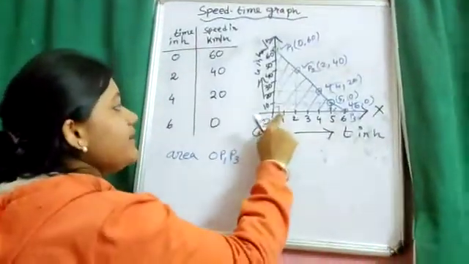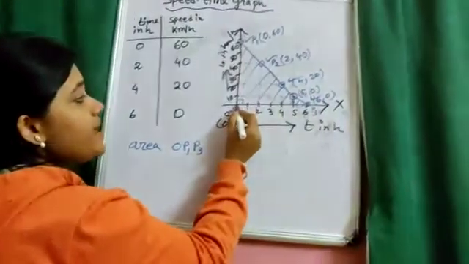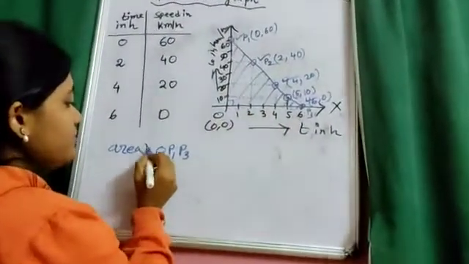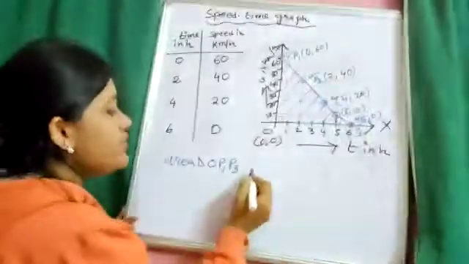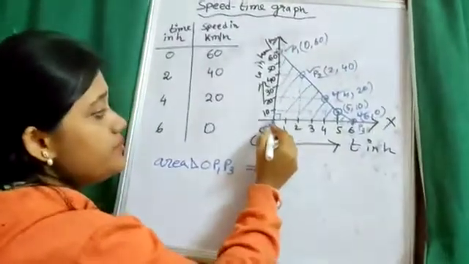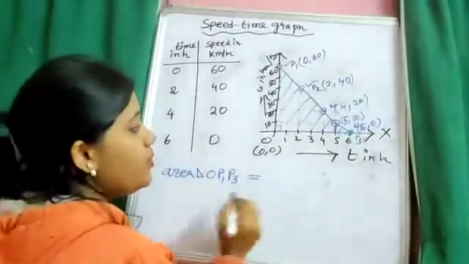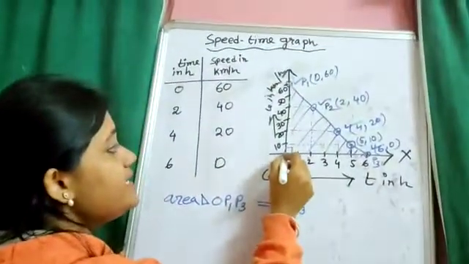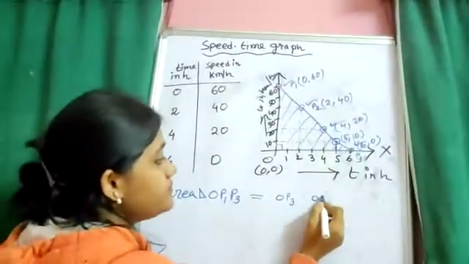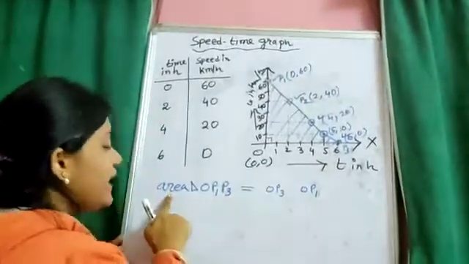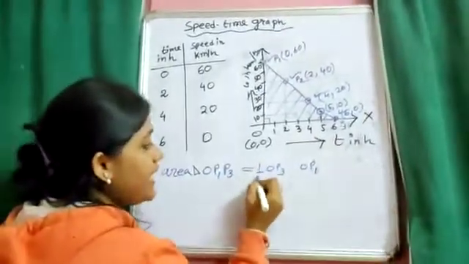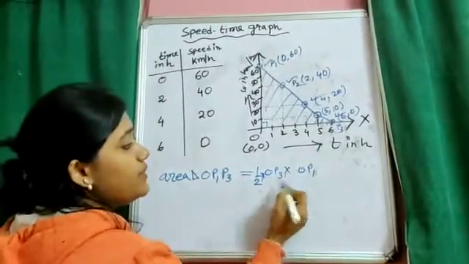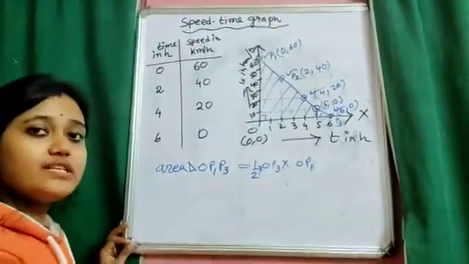This is nothing but a right angle triangle, and I am putting here the right angle triangle symbol, and its base is OP3 and its height is OP1. So the area's formula is half into perpendicular into base. So this much.